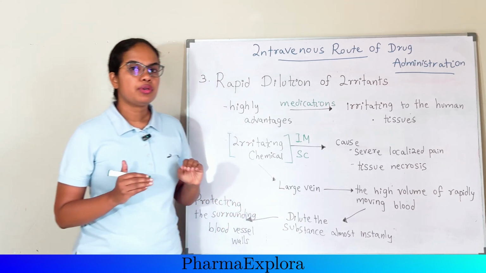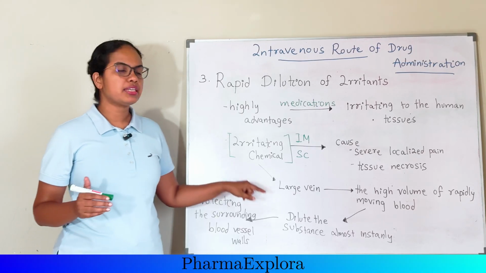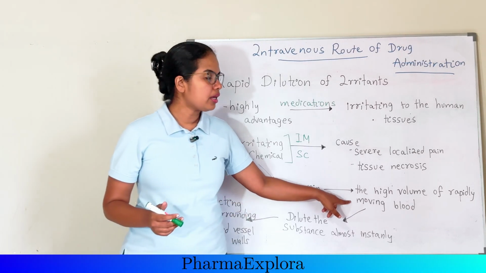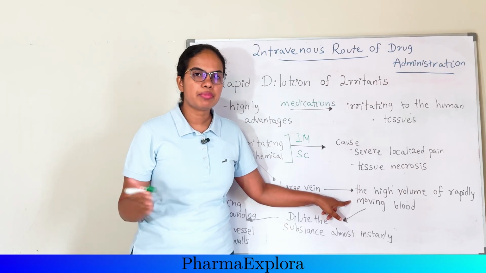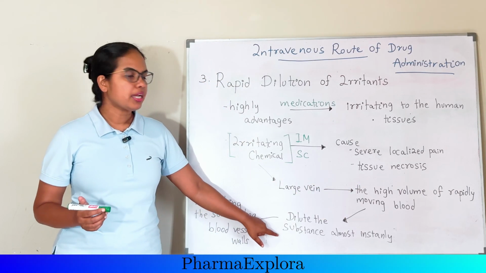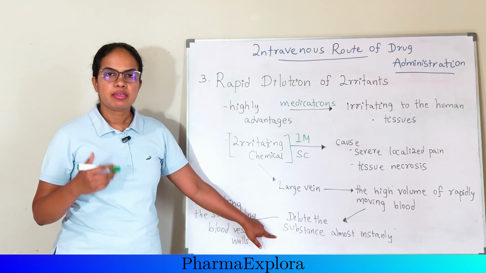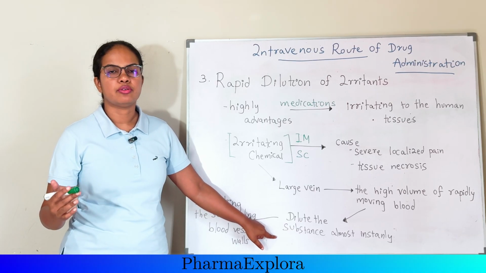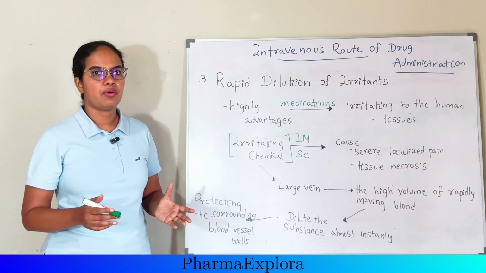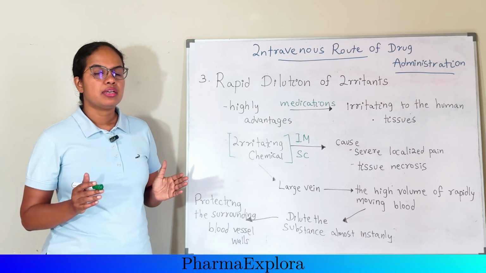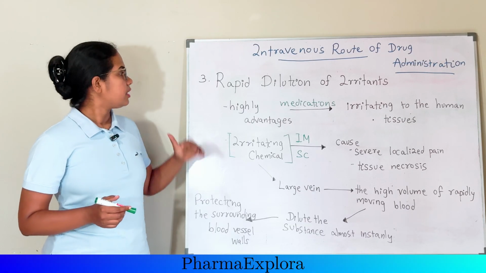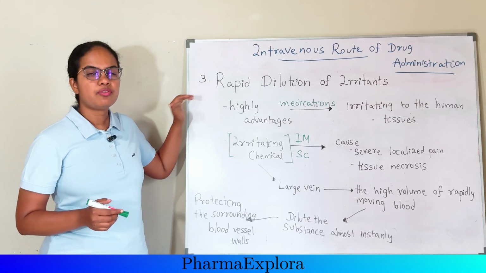But if you inject this medicine into a large vein, you will find a high volume of rapidly moving blood, which dilutes the substance almost immediately. Thereby, it protects the surrounding blood vessel wall. This is one of the great advantages of the intravenous route, the rapid dilution of irritants.